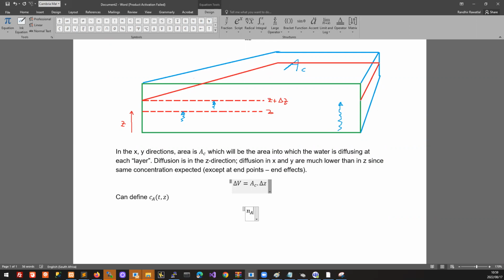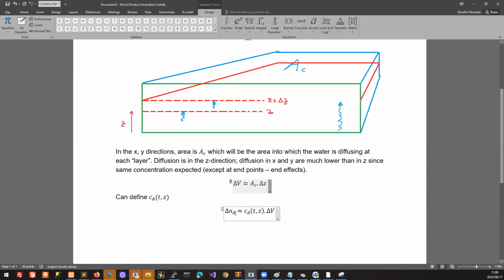So lowercase na, the number of moles, is of course equal to Ca at T and Z, and if we multiply that by the volume, delta V, then we should call this a delta Na also.